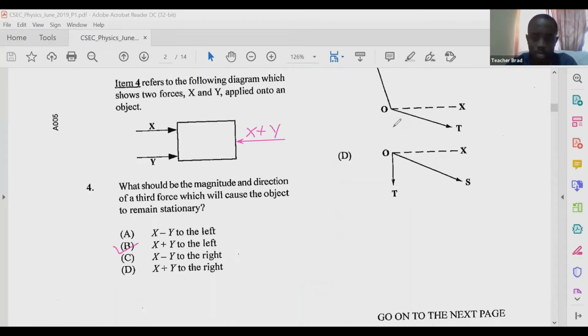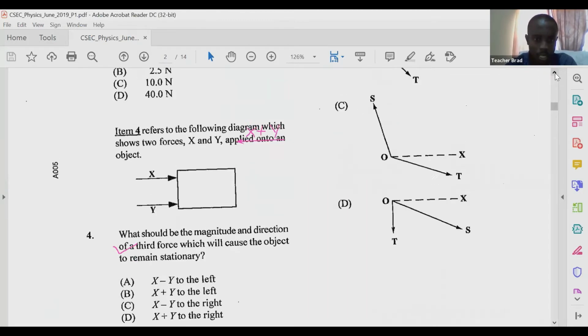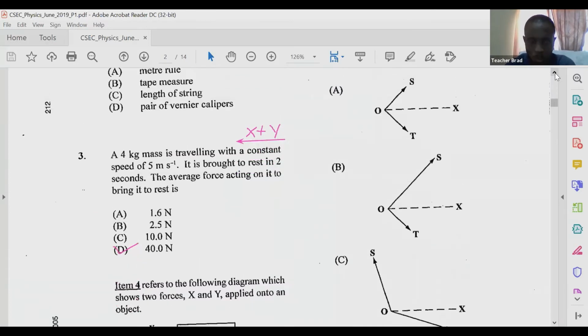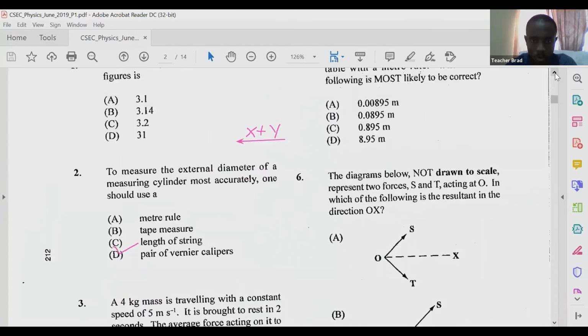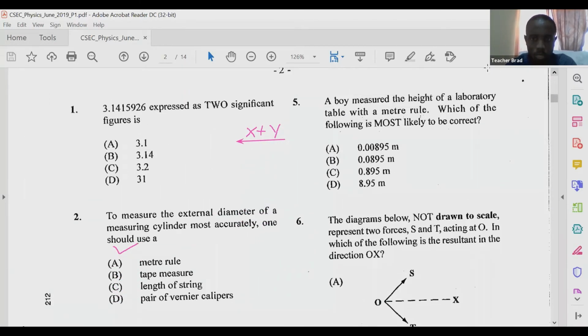All right, we will go to question number 5. Clear screen here. All right, question 5 says, a boy measured the height of a laboratory table with a meter rule. Which of the following is most likely to be correct?